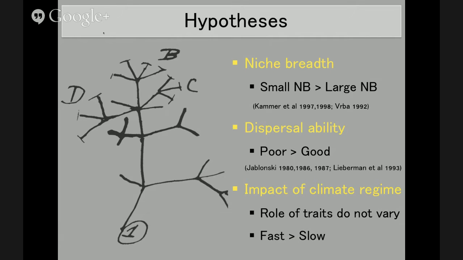Second, we hypothesized that dispersal would exhibit control on patterns of speciation and extinction. We hypothesized that far-reaching species would have populations that would be less easily isolated from each other, and they would be more likely to track and find suitable habitat as the climate is changing.